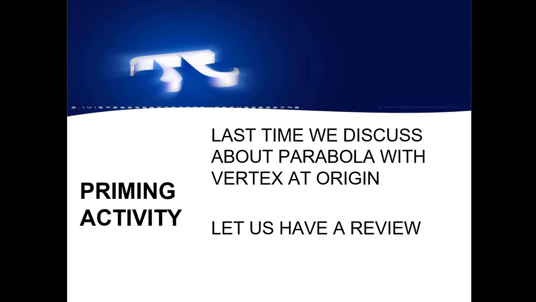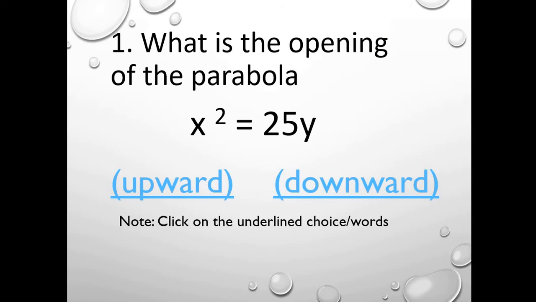So, as I've said, last time we discussed parabola with vertex at origin. So, let us go to the priming activity. Let us have a review. If you want to recite, just raise the hand button. Click on the underlined choice or words. Number 1, what is the opening of the parabola x squared equals 25y?